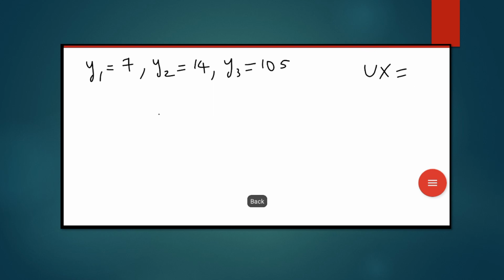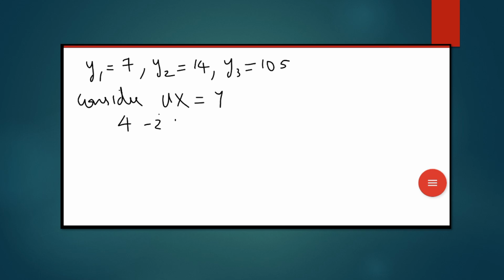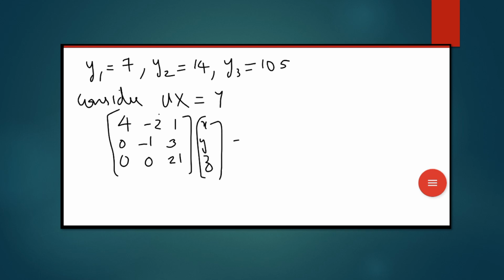So we will consider the part UX equal to Y. So U is here 4, minus 2, 1, 0, minus 1, 3, 0, 0, 21. X is our x, y, z, and the Y values we got are 7, 14, 105.